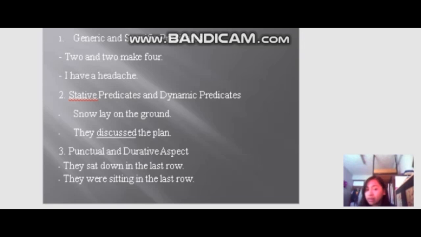So it is generic. All of us know that 2 and 2 make 4 because we learned it in school. On the other hand, specific predicate aspect is about temporary states and it is bounded. For example, I have a headache.